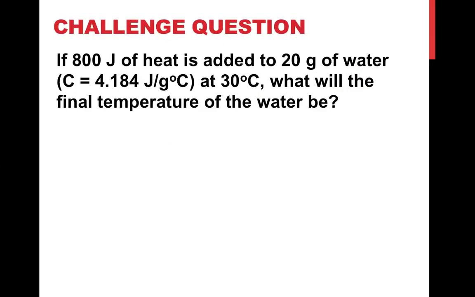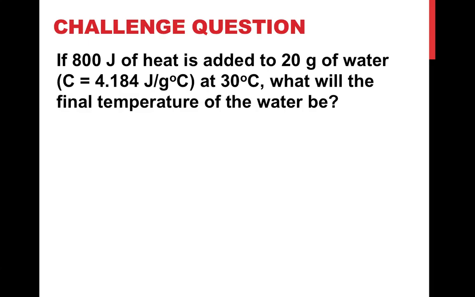But here's a challenge question. Let's say 800 joules of heat is added to 20 grams of water, and the specific heat of water is 4.184. If you add 800 joules of heat to 20 grams of water at 30 degrees C, what would the final temperature of the water be?